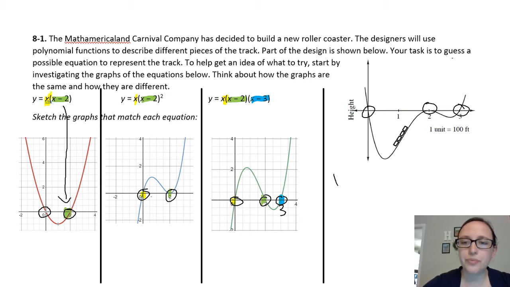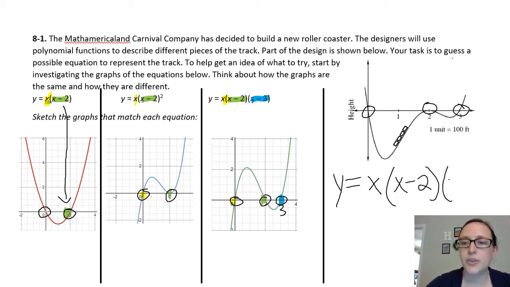Our equation, again, from these other equations, they all had an x in the very front that represented that 0 x-intercept. So this one has a 0 x-intercept, so it's going to have an x in the front. Our second factor is going to come from that 2, so it's going to be x minus 2 instead of plus 2.